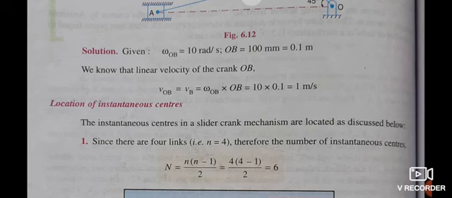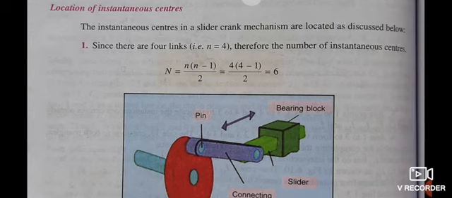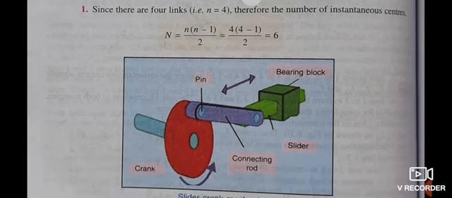Now for the location of instantaneous centers of this arrangement, the instantaneous centers in a slider crank mechanism are located as follows. First point: since there are 4 links, n equal to 4, therefore the number of instantaneous centers N equal to small n into n minus 1 by 2, which comes to 6.